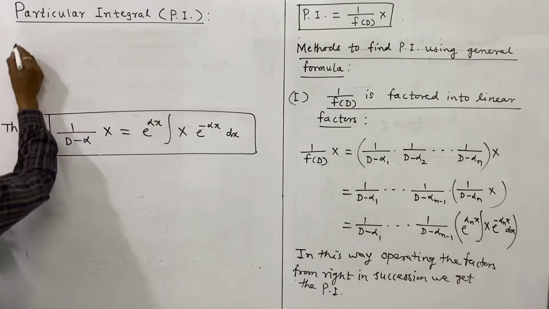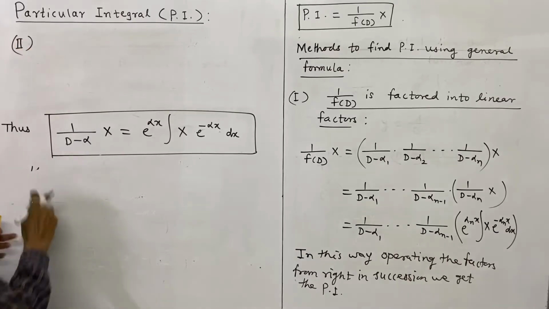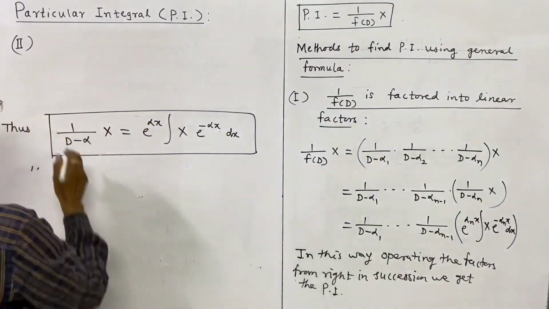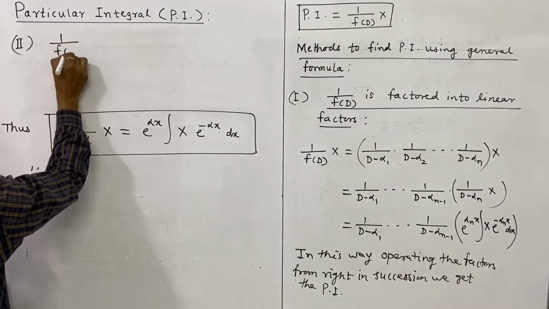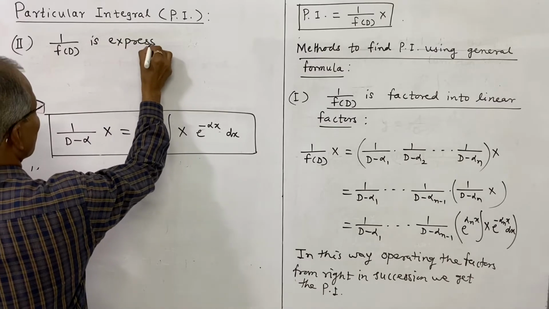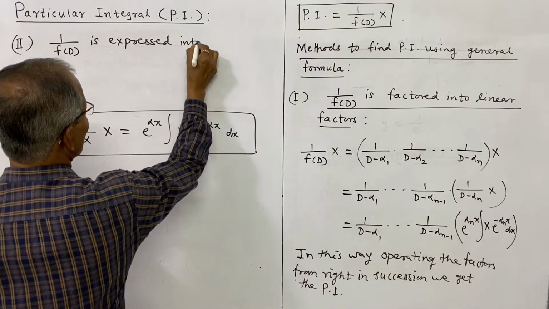1 upon f of D is decomposed into partial fractions.